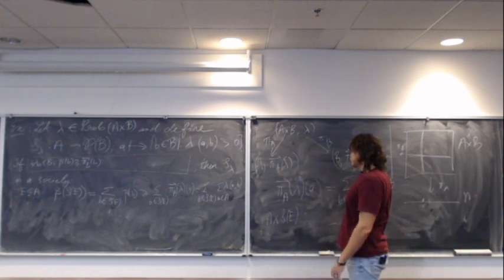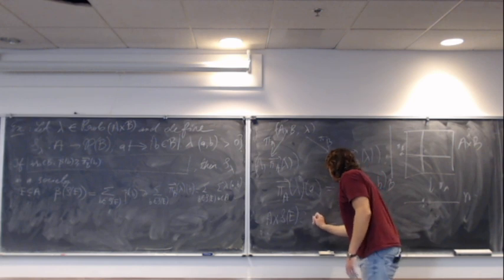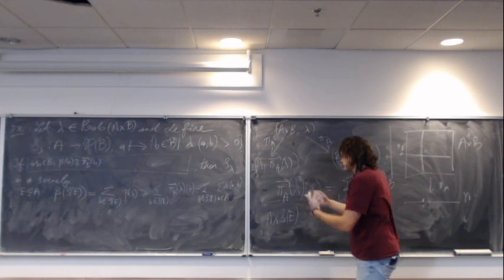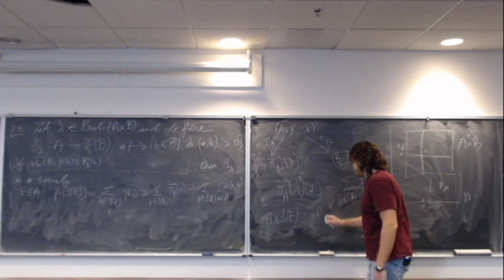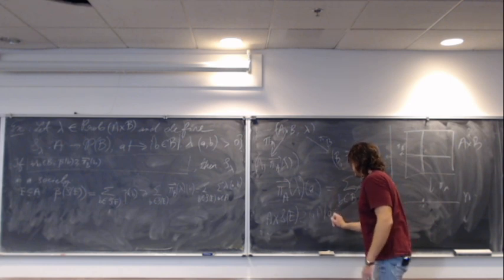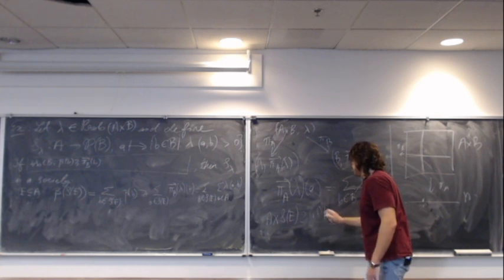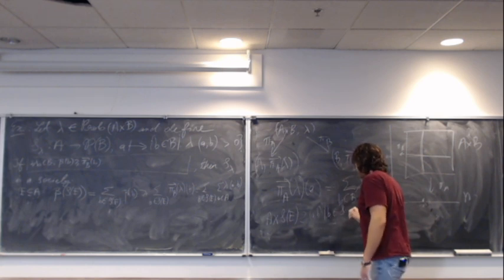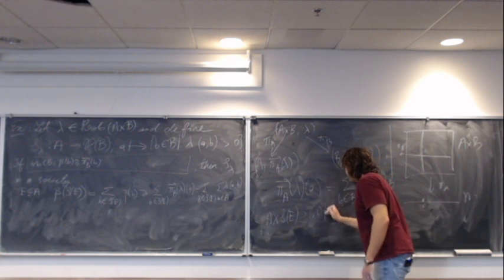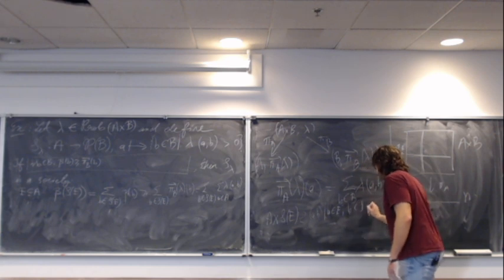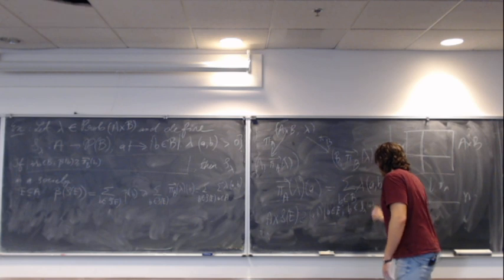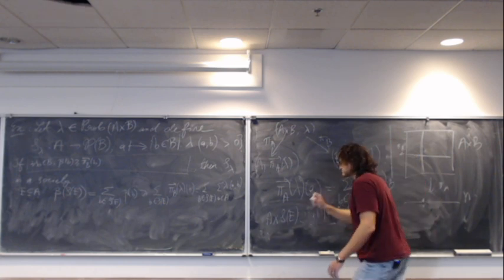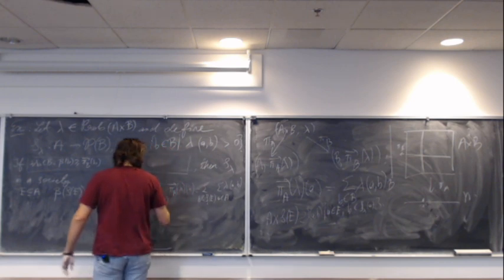But then this is a superset of the graph of lambda, if you want, AB, such that A in E, B in S sub lambda of A. So I forgot lambdas here.